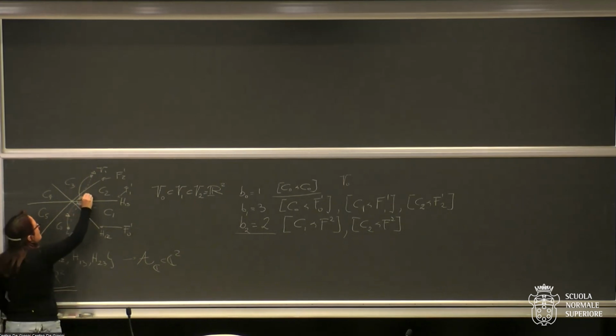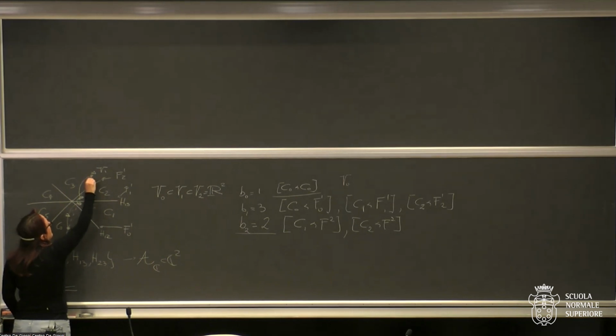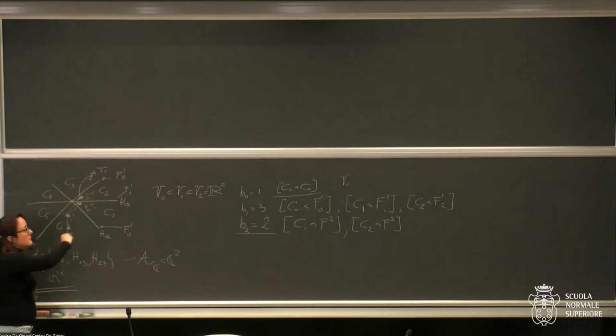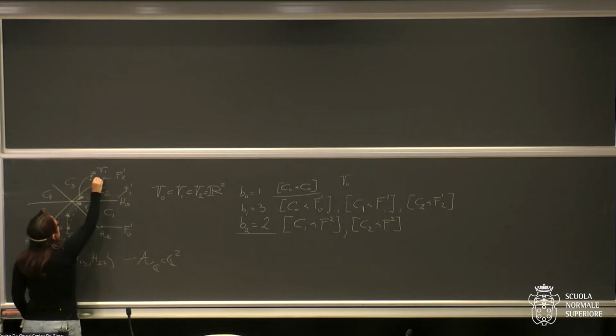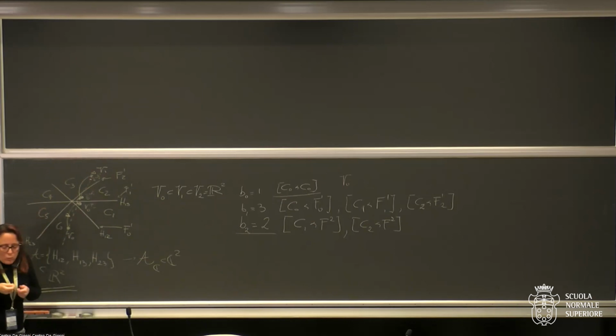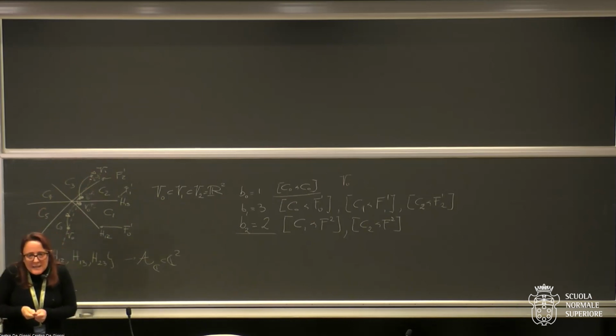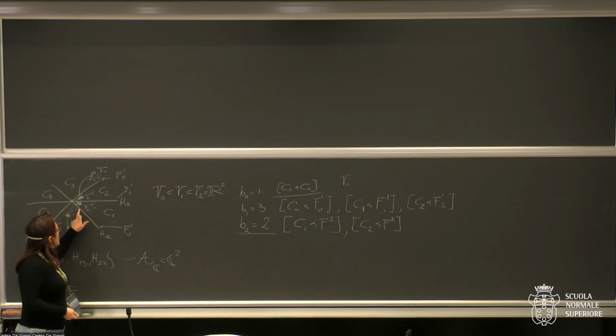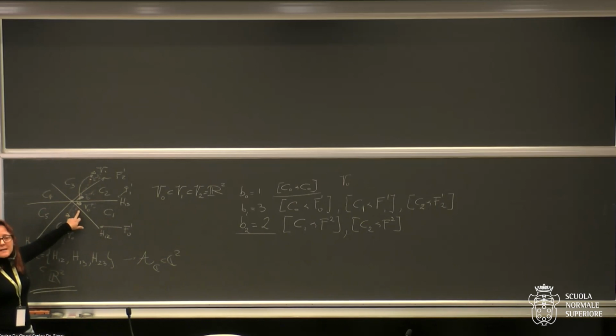Then here we have V0 after we crossed F11, and here another point that we call V0 after we crossed F12. So we move Vi inside Vi+1, each time crossing the faces of maximal codimension.